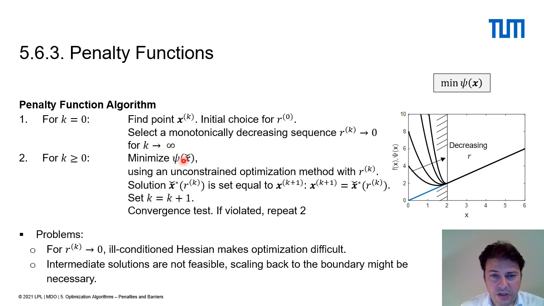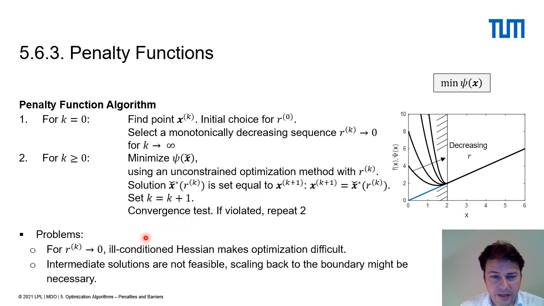Within each iteration step, you find the minimum with respect to psi by treating this as an unconstrained problem. And then you may end up here and tend to be outside of the feasible domain. Whenever you come up with an optimum, you check if you satisfy your convergence conditions. And if not, you repeat it. And if you do, then you're done.